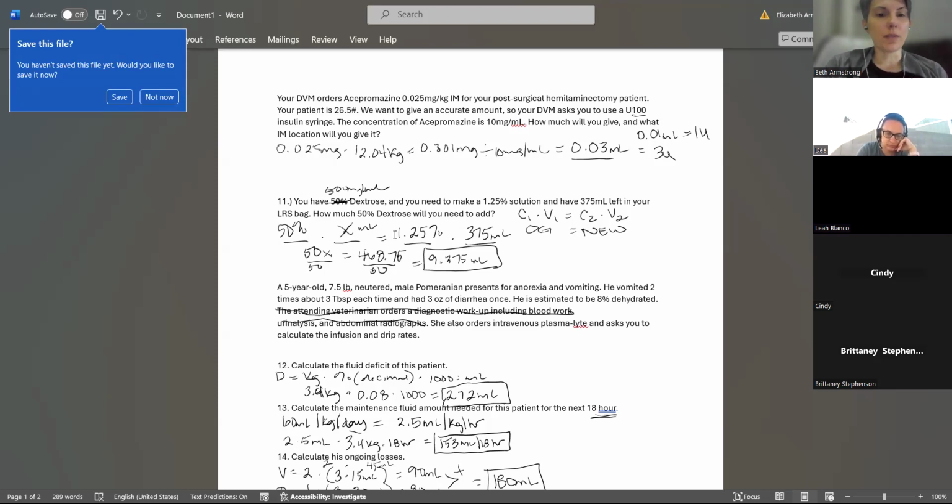I feel like most people are going to go towards mgs per mL there because they're used to converting percentages to mgs per mL and not necessarily going backwards to that percent. But you can do either.